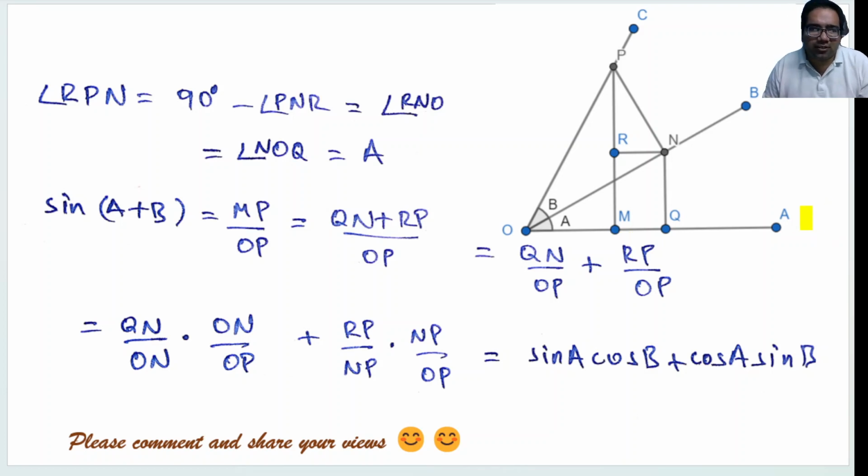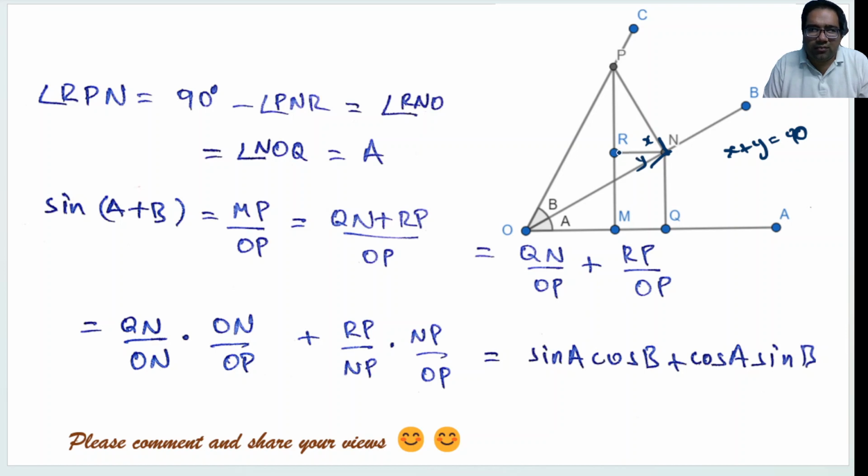Now, if you closely observe, because PN is perpendicular, let's assume that this angle is X and this is Y. Because this is a right angle, X plus Y equals 90 degrees.